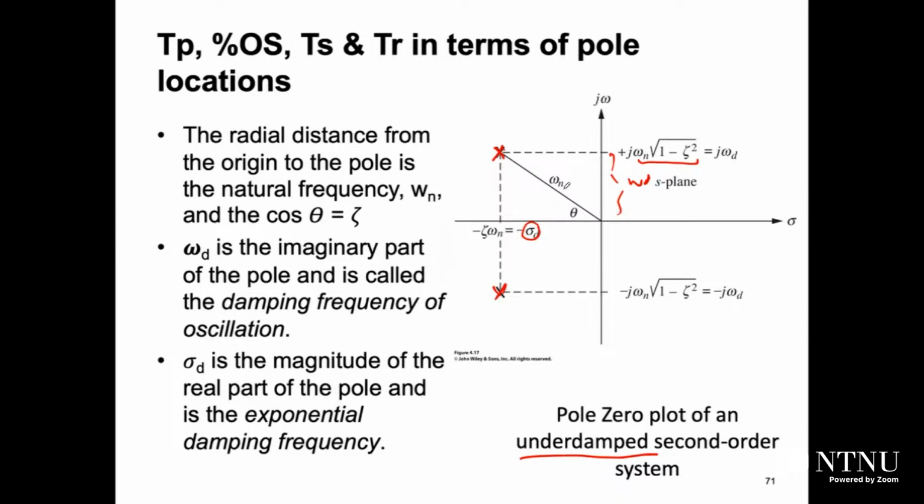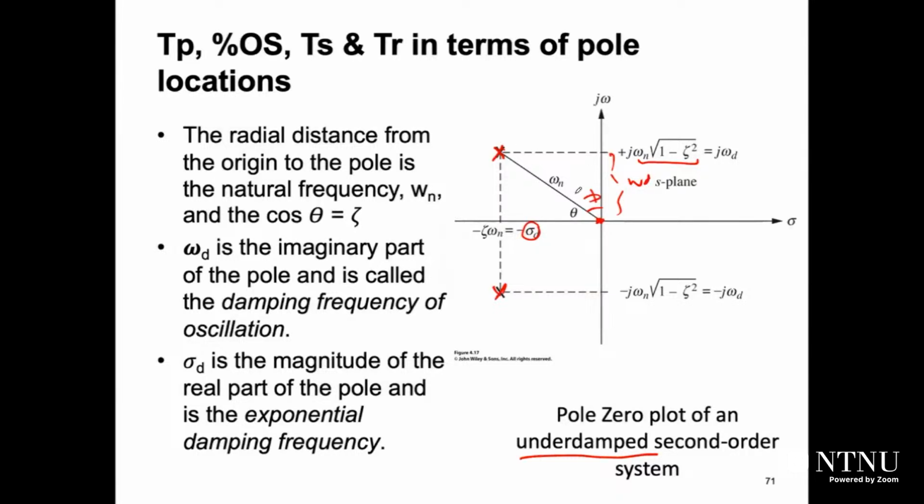You can get the omega n natural frequency here. You can also get the angle theta here, right? The radial distance from the origin to the pole is the natural frequency.